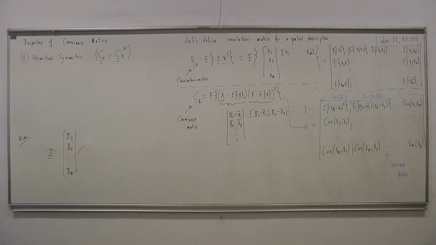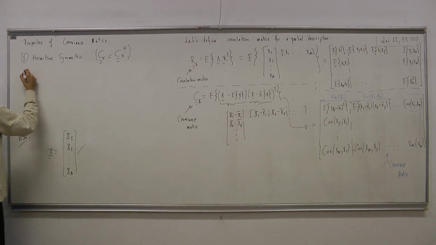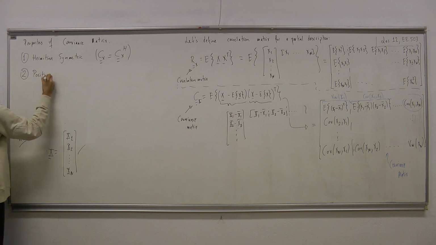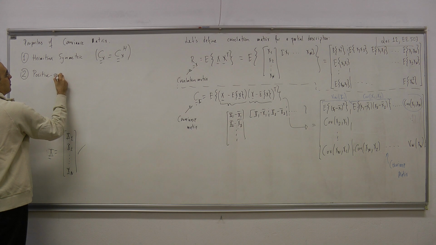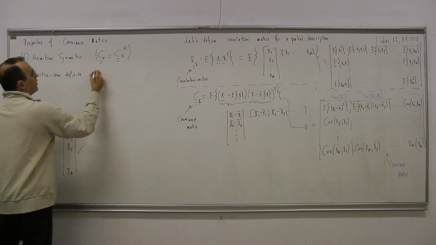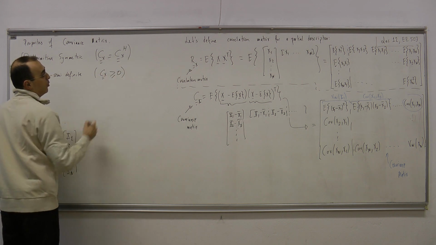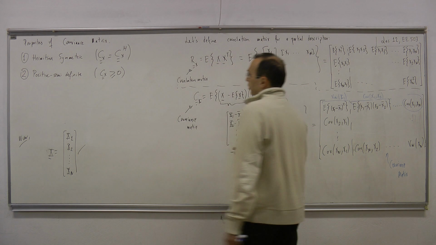What is the meaning of this? Well, let me finish this and then we can discuss. Number 2: positive semi-definite. That is Cx is, this is our notation, greater than or equal to 0.